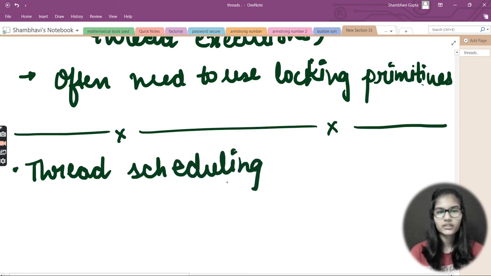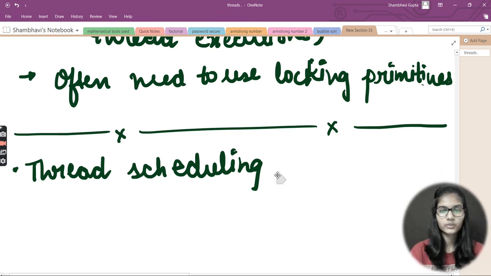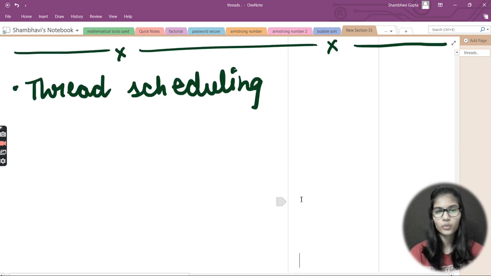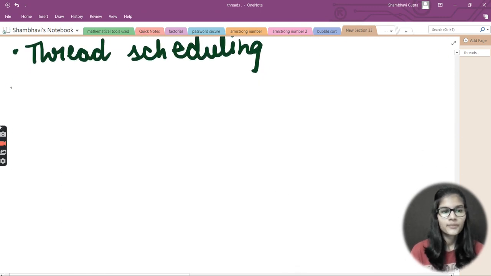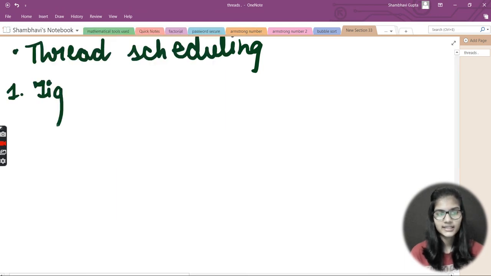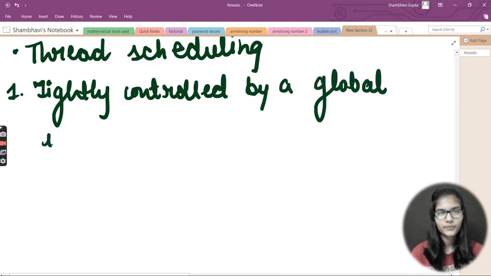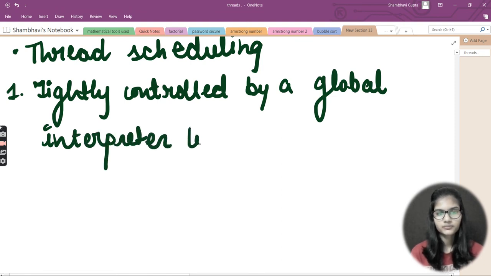Now we are going to see how we do thread scheduling when we use the thread module, and what the procedure is. The very first thing is that thread scheduling is tightly controlled by a global interpreter lock and scheduler.